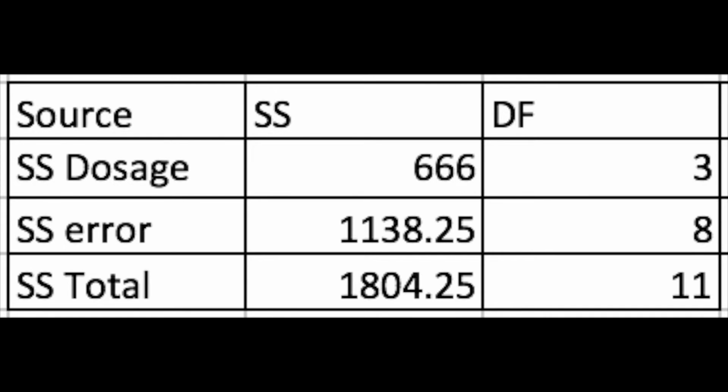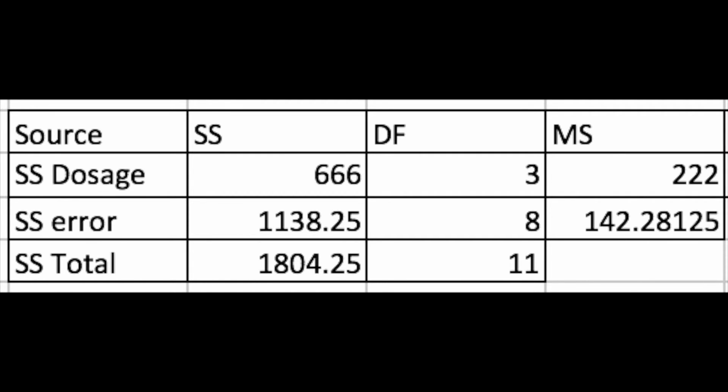Then we get the degrees of freedom, which for dosage is 3 minus 1, and for total is 12 minus 1. Then error is total minus dosage. Then we get a new column, which is MS, which comes from the division of sum of squares divided by degrees of freedom.